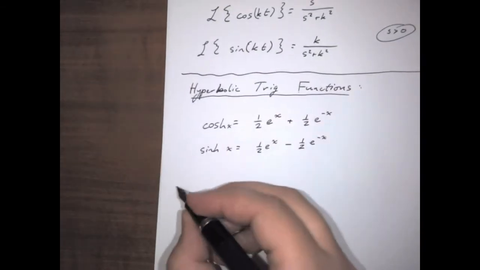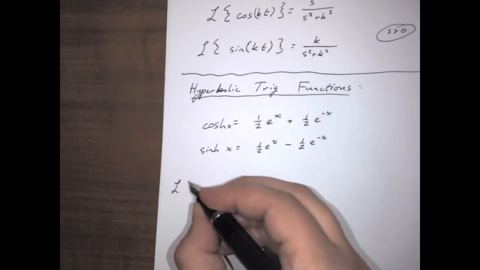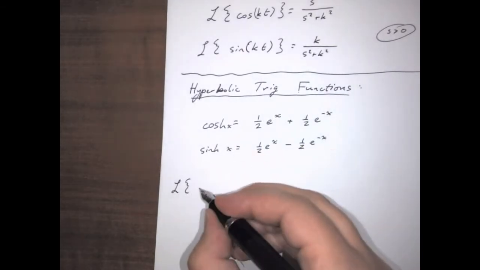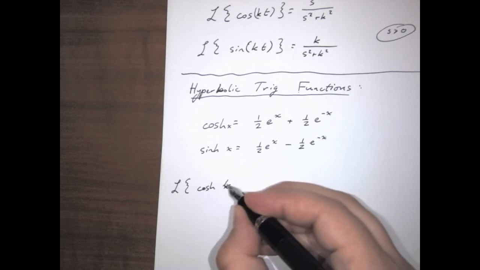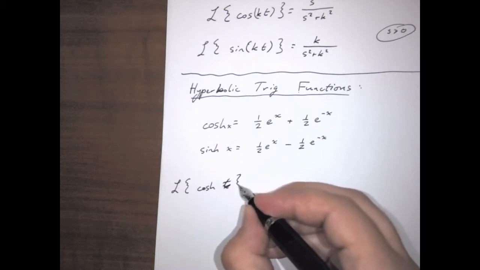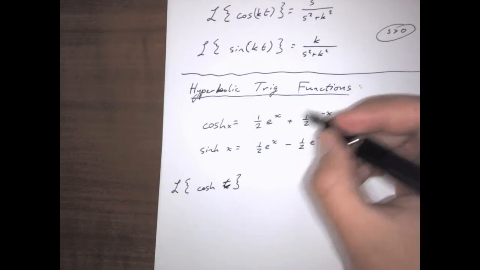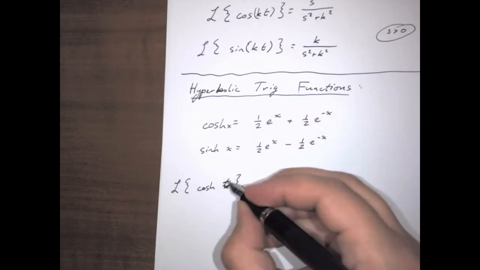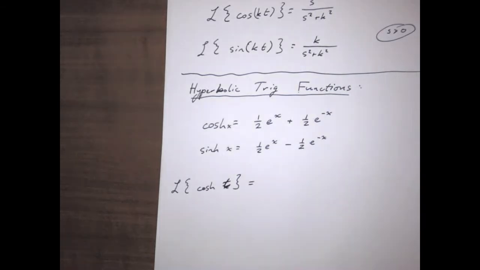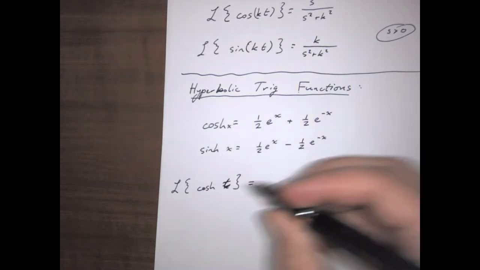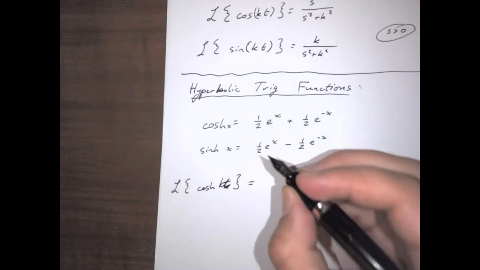Now, if we want to do the Laplace transform of cosh t, I defined the functions using x's, and when it comes time to talk about the Laplace transforms, I'll make it the default variable t and actually make it kt.